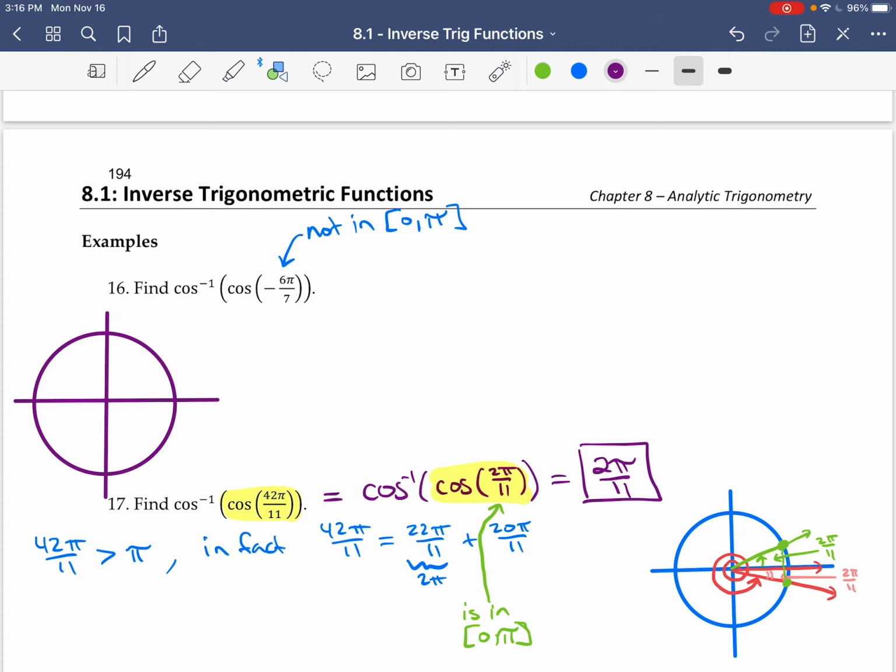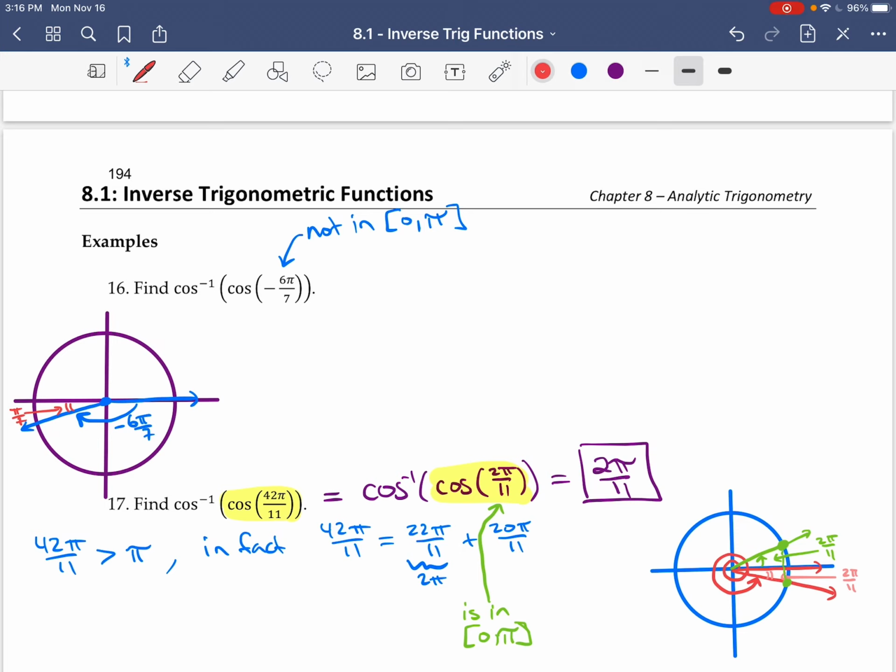Negative 6 pi over 7 is a negative angle, so we're going clockwise, and it's just pi over 7 short of pi. So it's going to look like that. Negative 6 pi over 7 is in quadrant 3. Our reference angle here is pi over 7. That's what's missing to get to pi.